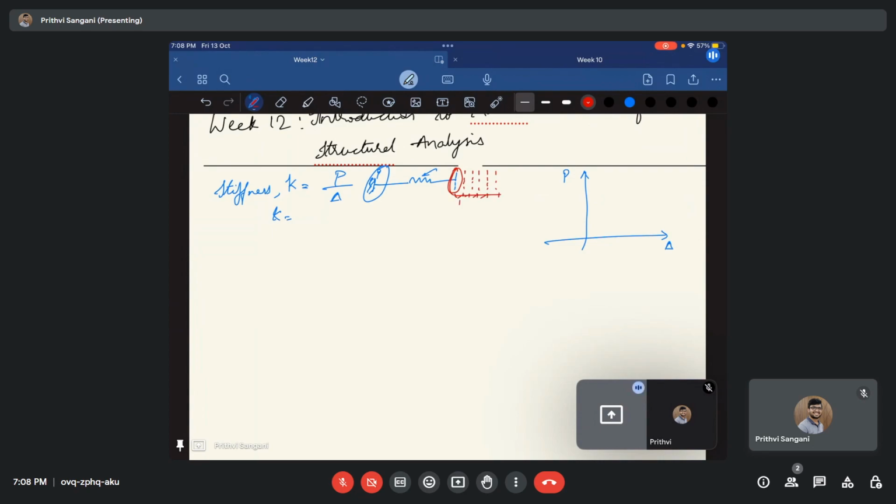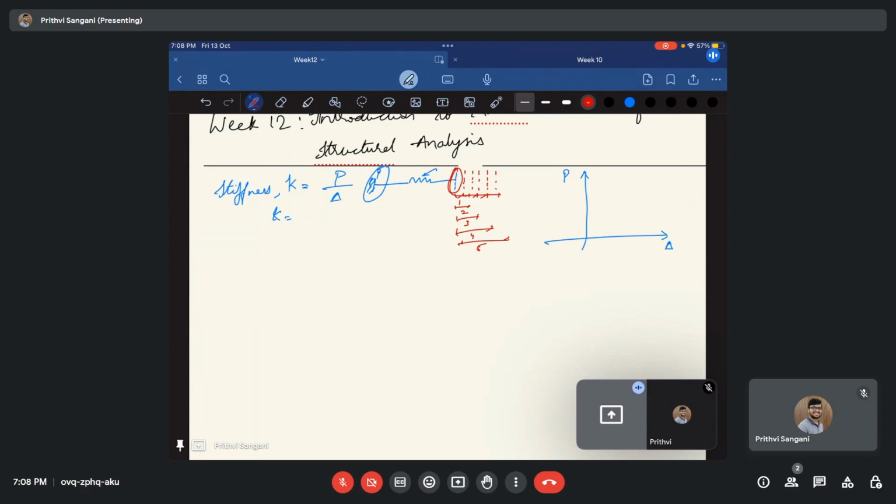Let us say this is 1 mm, then this is 2 mm, this is 3 mm, and so on, up to 5 mm, and you also measure the force for each displacement step.